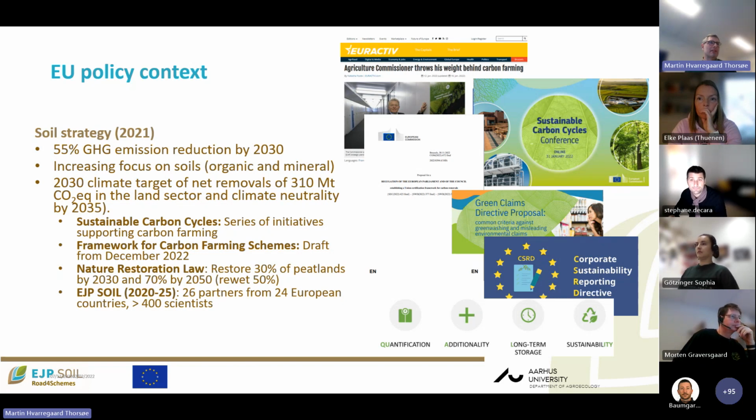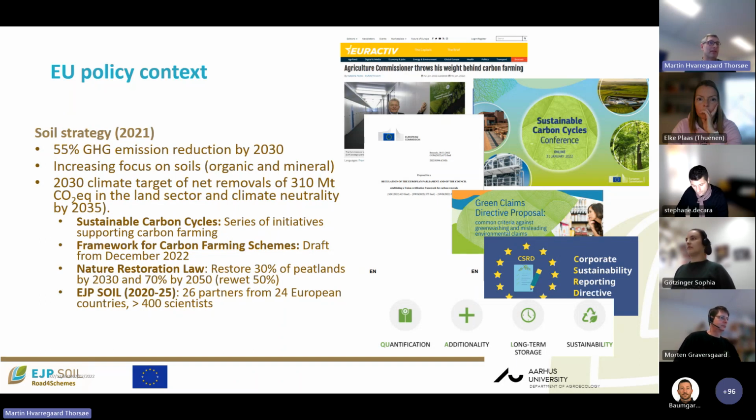And some of the initiatives that the Commission has adopted is this Sustainable Carbon Cycles initiative that supports carbon farming in various ways. There's the framework. There's also, relatedly, the Nature Restoration Law that is especially relevant when it comes to peatlands and targets for peatland restoration.